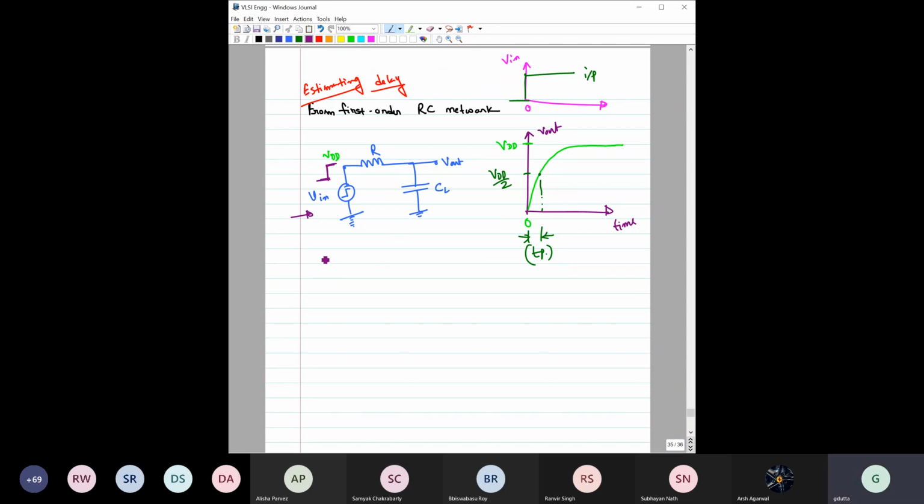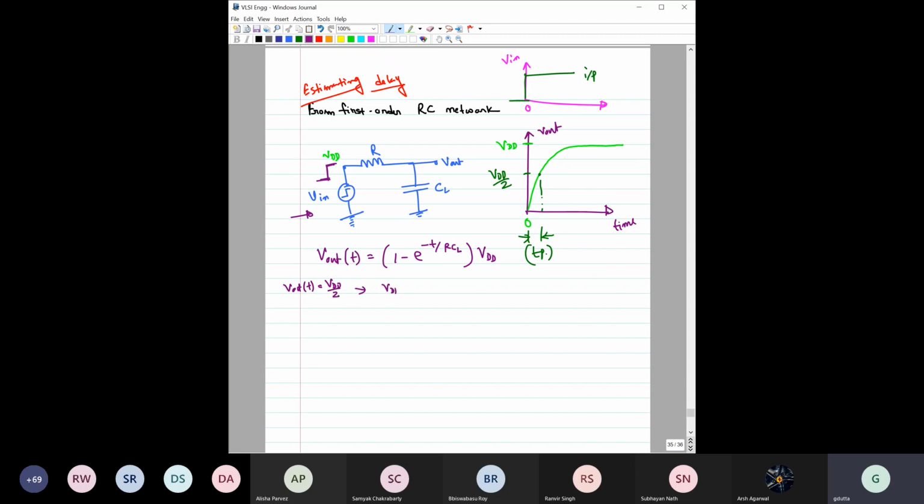Okay, maybe I know. Let us do it step by step. How can I write V out in terms of this R and CL? V out equals VDD into 1 minus e to the power minus t by RCL. Can I write it like this? Yes. So we are trying to find when V out of t is equal to VDD by 2.